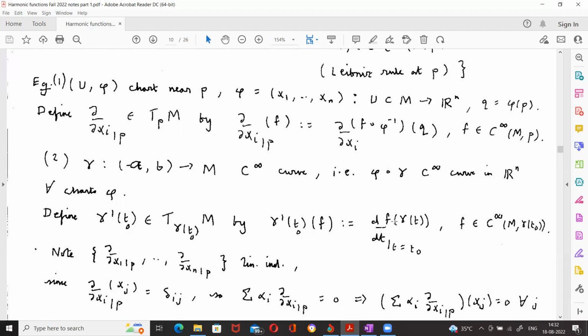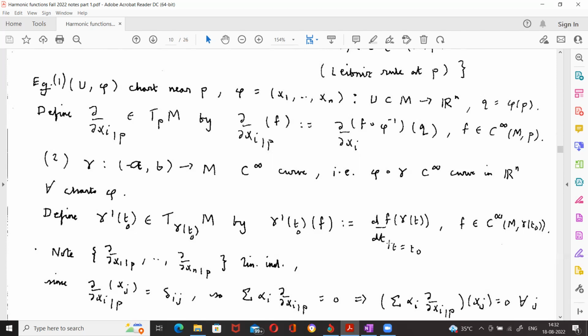I can just put a phi and a phi inverse in between. f composed with phi inverse is smooth because f is a smooth function by definition, and phi composed with gamma is also smooth because gamma is a smooth curve. So this is a composition of a smooth function with a smooth curve, which is a smooth function. Is this clear? Yeah. So f composed with gamma is smooth near t naught.